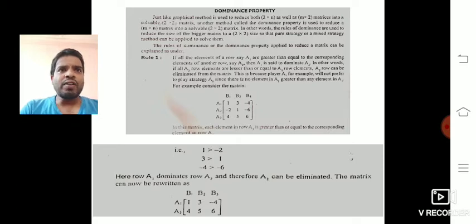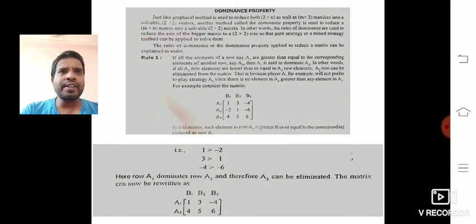For that, you use the dominance property. It is similar to the graphical method, which is used for bringing the m into n matrix into the final 2 into 2 matrix.